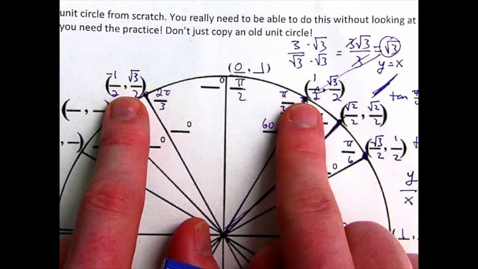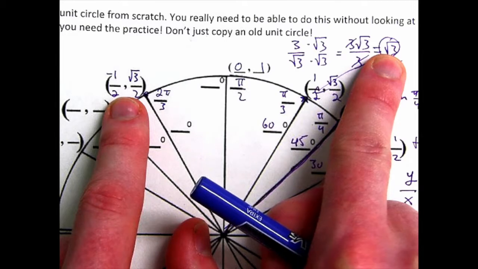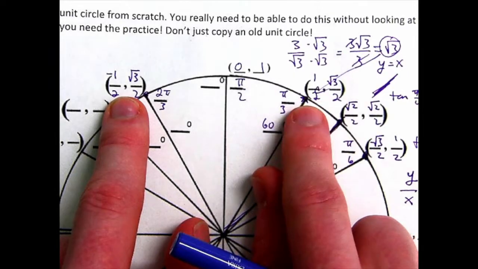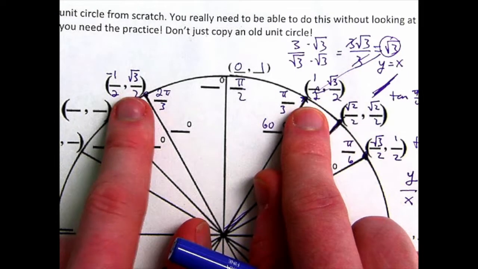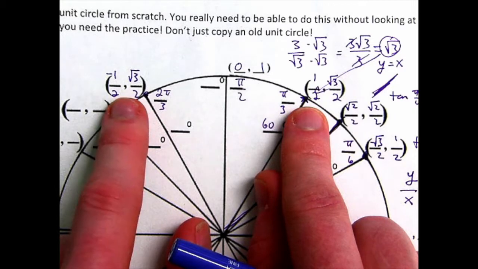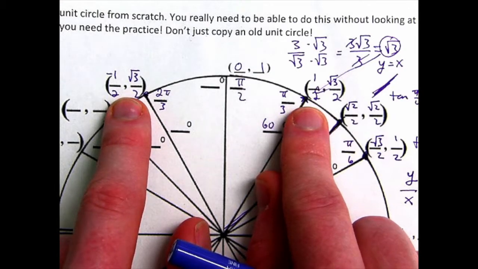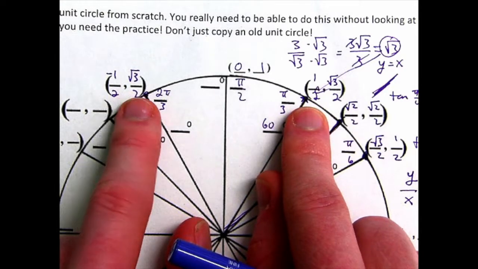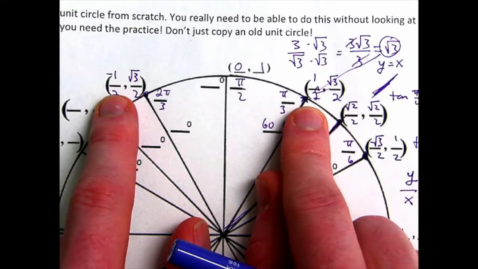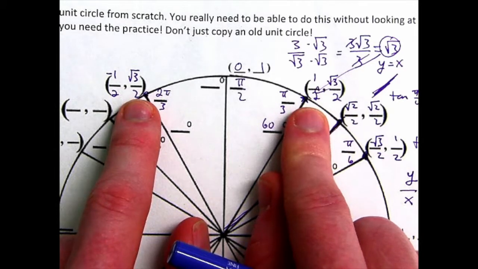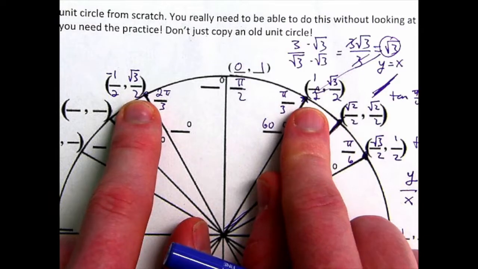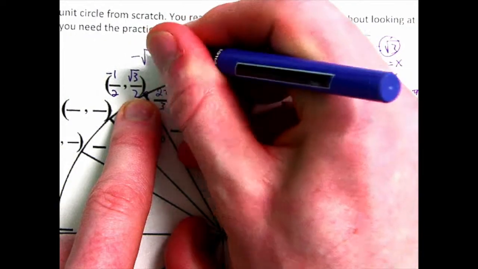So you're going to get basically the same thing, root 3, except, if you think about y over x, if one of the coordinates is negative, as it is here, then y over x is going to be negative, right? If y is positive and x is negative, then that fraction, y over x, is going to be negative. So this guy is going to be negative root 3, right?